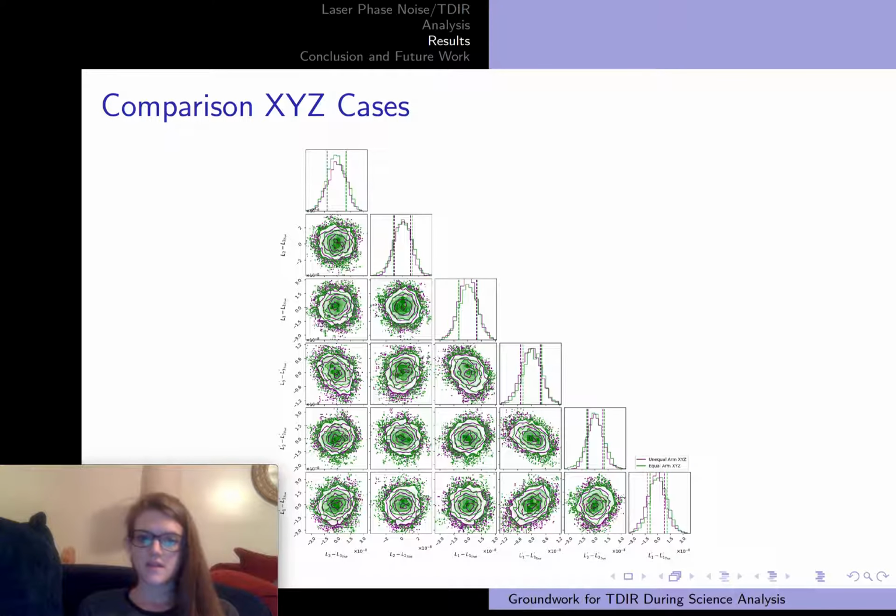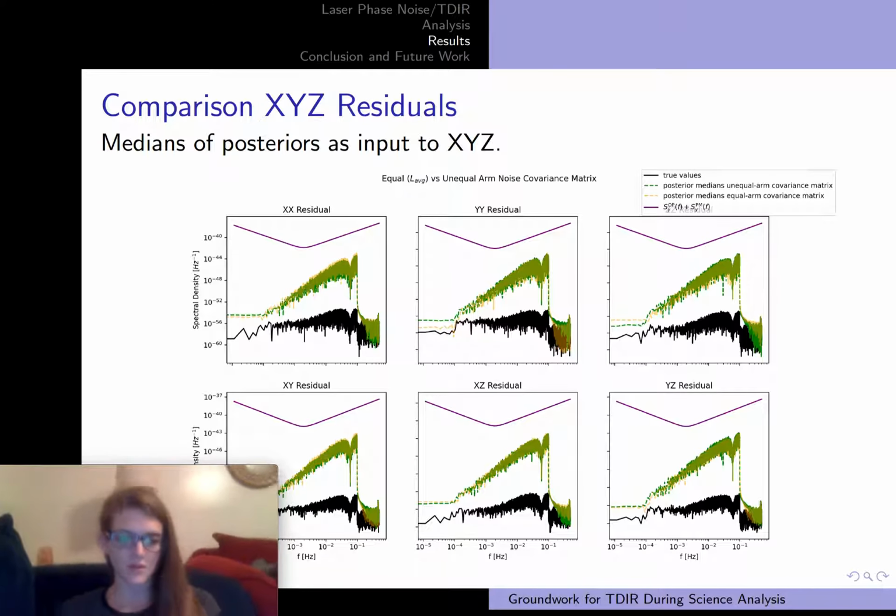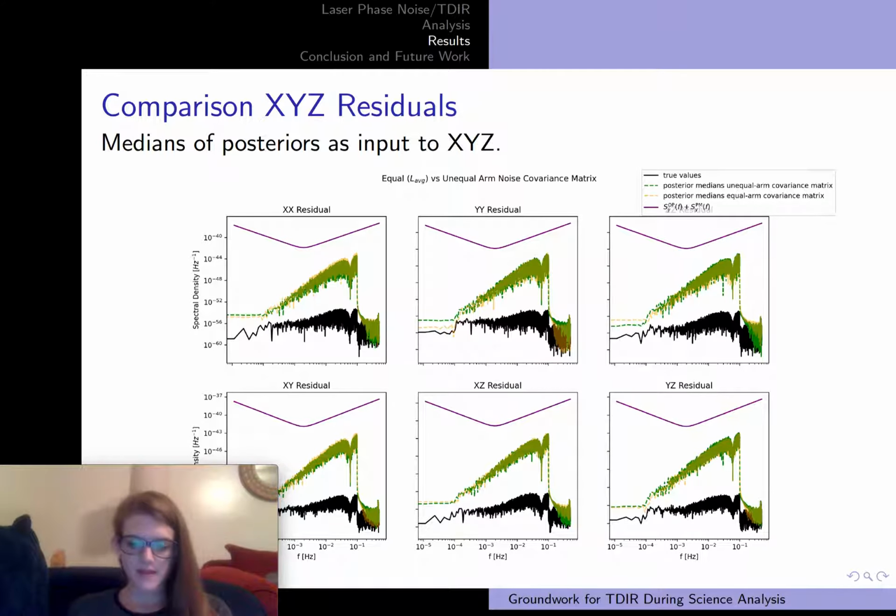So there's a comparison. Sometimes the unequal-arm case does better, but sometimes it does worse. For these assumptions, it's really not going to make that great of a difference. I still need to include the orthogonal channel case in here.